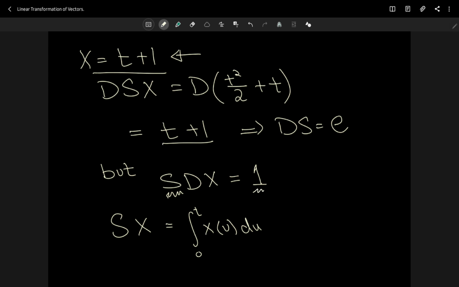Now let's apply S on this 1. I was getting confused because I forgot to write this S over here. Now, when we apply S on this 1 using this thing, what do I get? I simply get back a t, just one t. Where did this plus 1 go? Well, we did not recover it back.